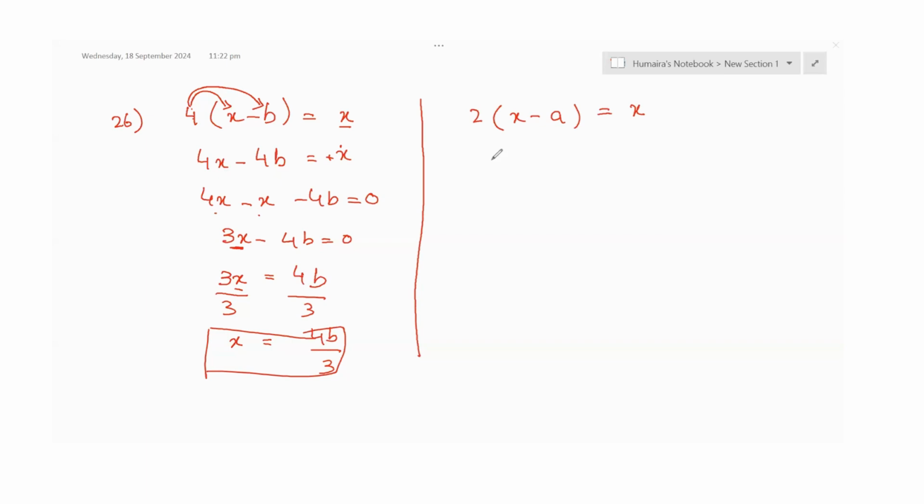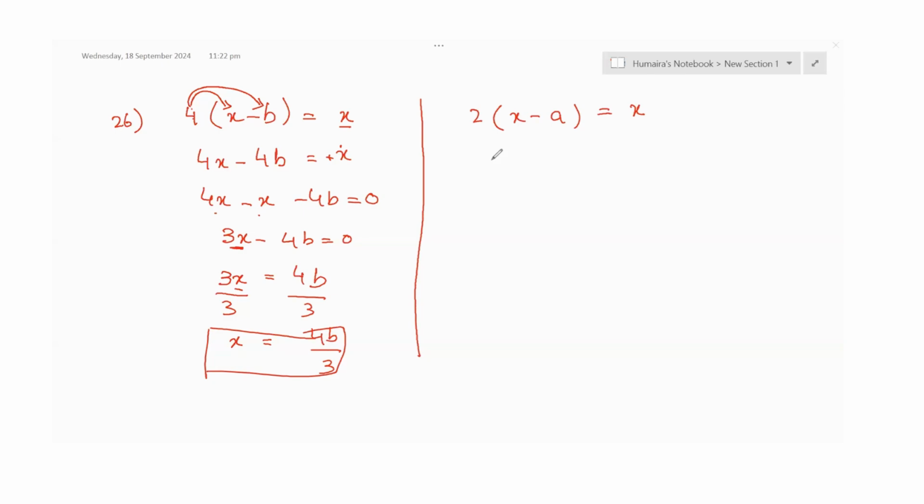2a negative. So is it just going to give me x? No. Yeah, it's just going to be x.